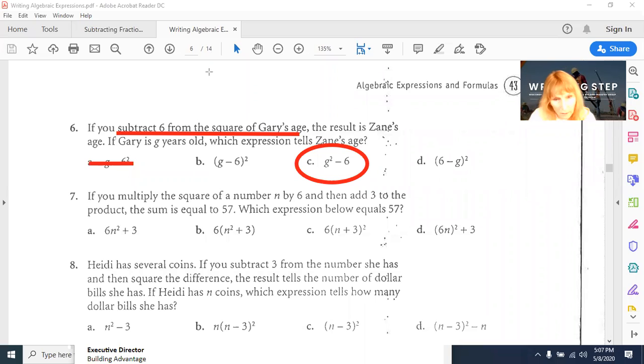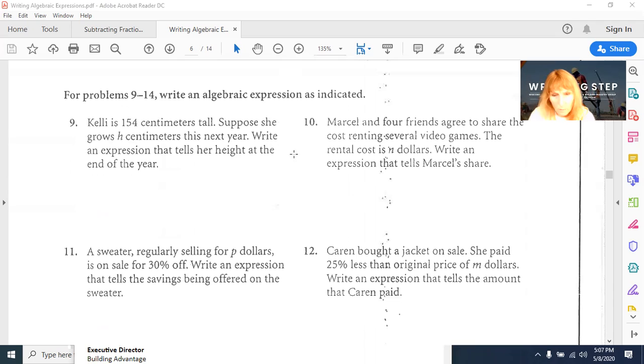Okay, number 10. Let's look at that one because these can be confusing. Marcel had 4 friends agree to share the cost renting several video games. The rental cost is N dollars. Write an expression that tells Marcel's share.